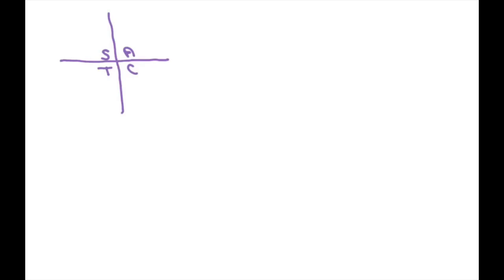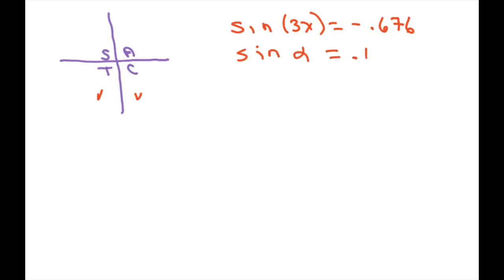Since we want sine, and our sine is negative, because we have sine of 3x equals negative 0.676, we know that sine is negative in quadrant 3 and quadrant 4. And the reason I want to make the secondary angle absolute value is I just want to see what that would be in this first quadrant, because that's your reference angle basically.